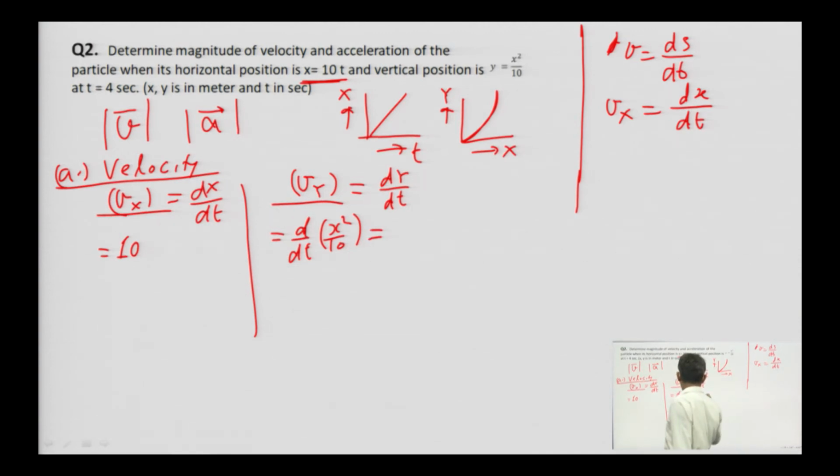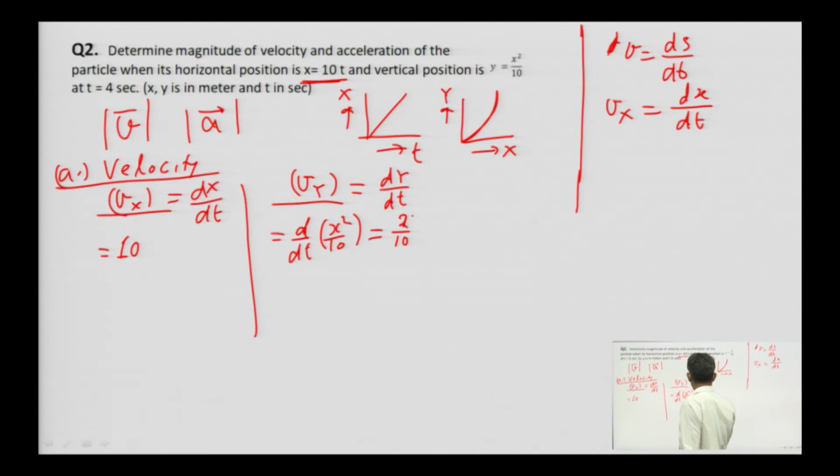So, what will that be? 2x by 10 into dx by dt, okay, wait, it is actually x square by 10, so 1 by 10.